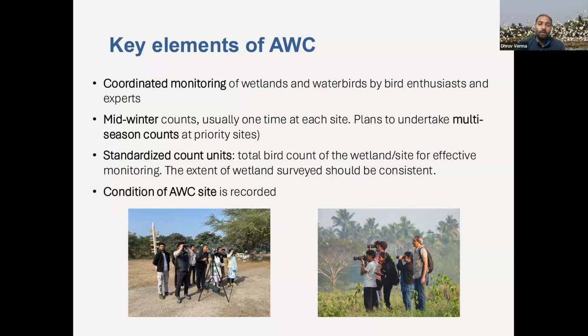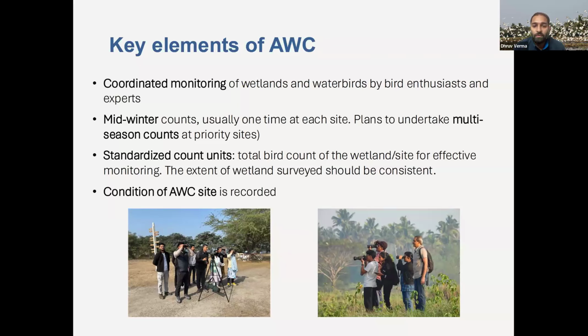Now, the third point is about standardized count units. A very important aspect of AWC is that, yes, it's about observing birds at the wetlands, but since it's a monitoring program, it's very important that we do it in a standardized manner, which basically means that we cover the site, we define the wetland extent in a very uniform manner, and we cover it over years in the same fashion.